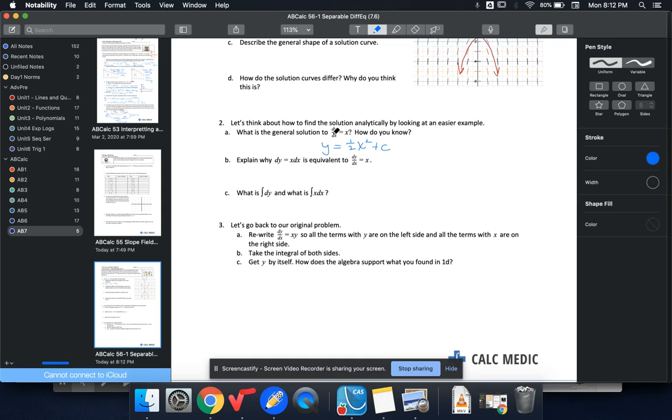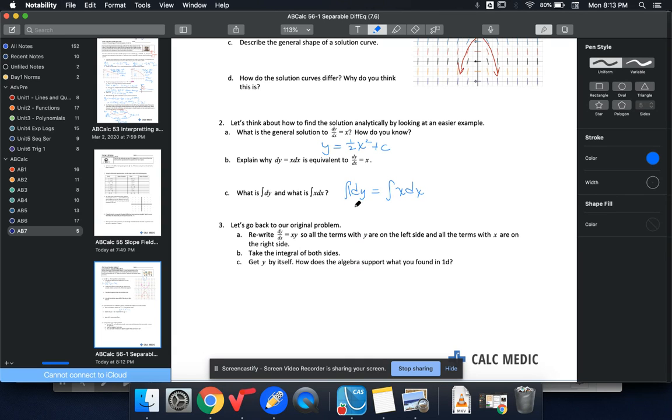So the first thing I want to do is isolate the x's with the dx, and isolate the y's on the other side of the equation. That's this word separable. I'm separating them out. So I'm going to take my dx and multiply it to the other side, and I'm allowed to do that. These are equivalent expressions. I could divide the dx back over here to get this, but it's nice this way because if I have them separated, the integral of dy equals the integral of x dx.